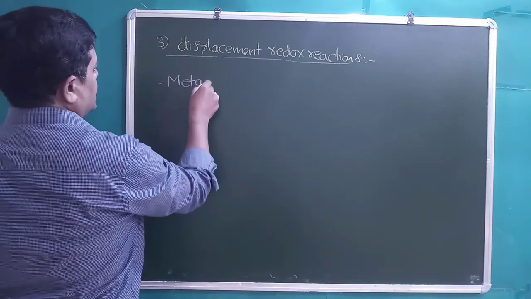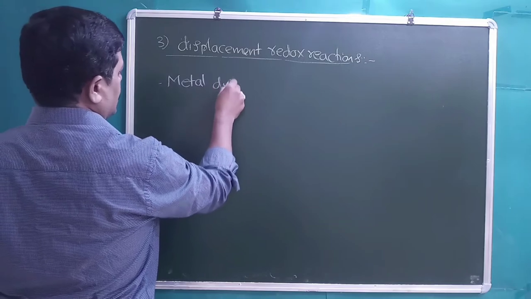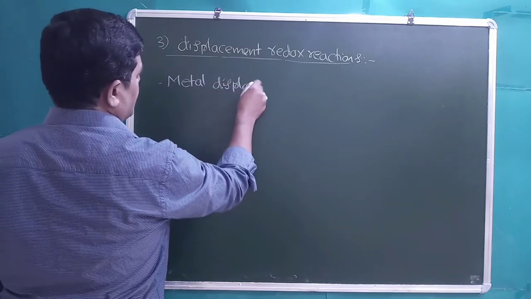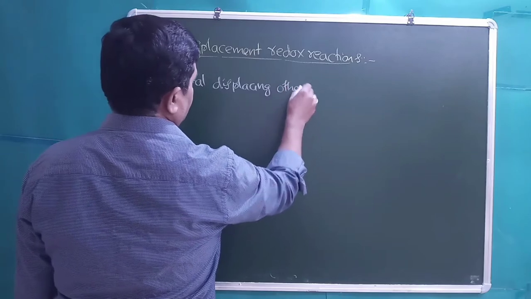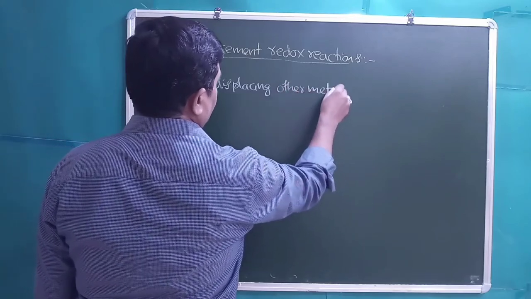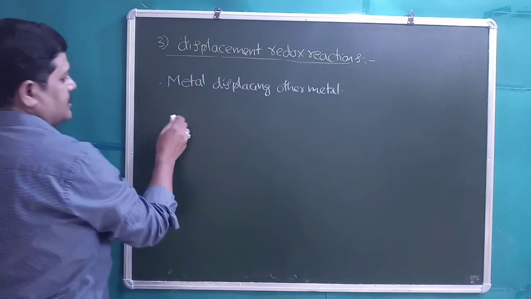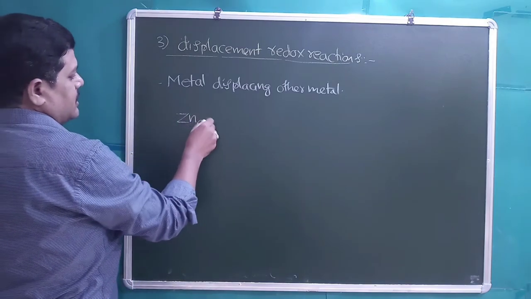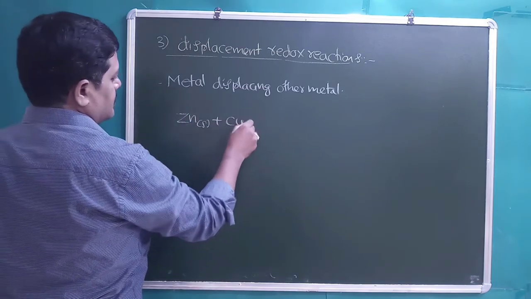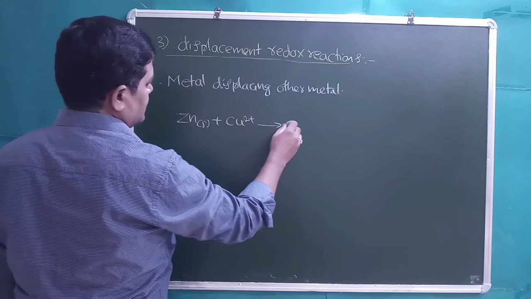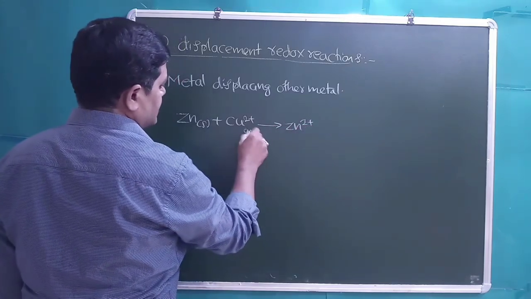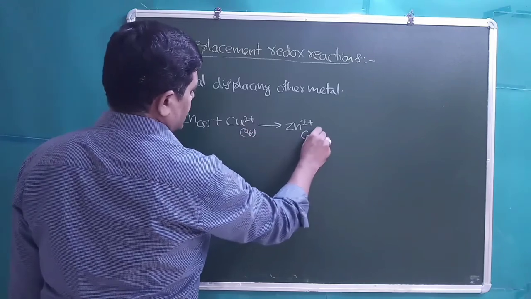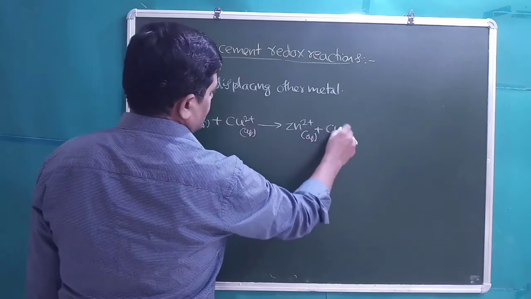Metal displacing other metal. For example, zinc solid reacting with Cu2+ gives Zn2+ in the aqueous state and Cu solid.